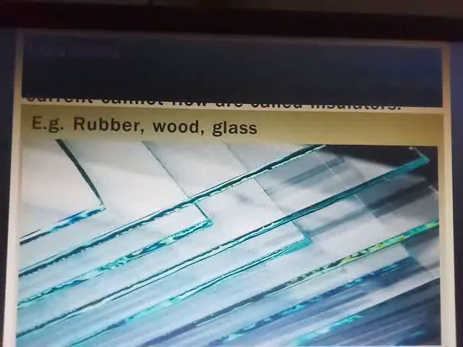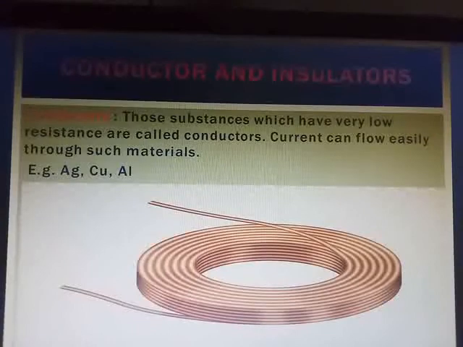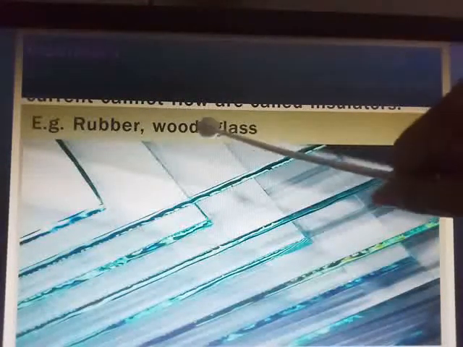Exactly opposite are insulators. Those substances which have extremely high resistance. Here you can see in conductors you have very low resistance and current can flow easily, whereas in insulators you have extremely high resistance and current cannot flow. Examples: rubber, wood, glass.